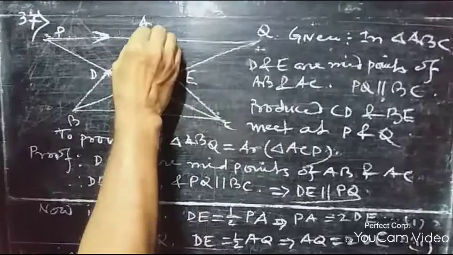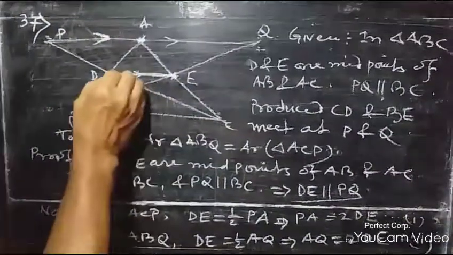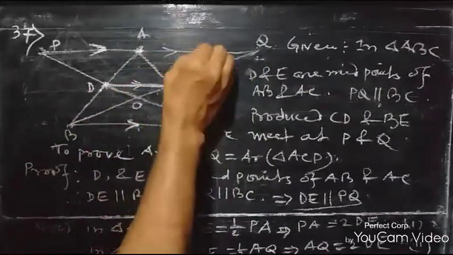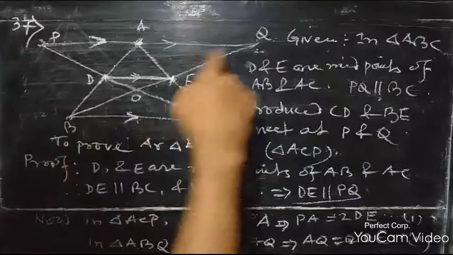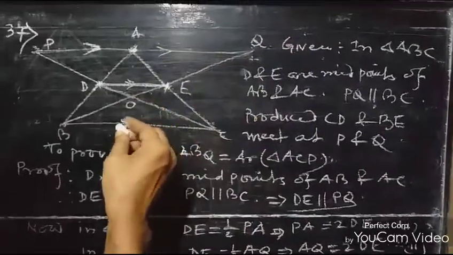In this way, in triangle ABQ, D is the midpoint of AB and DE is parallel to AQ. So we can tell E is the midpoint of BQ. So this is the converse of the midpoint theorem.